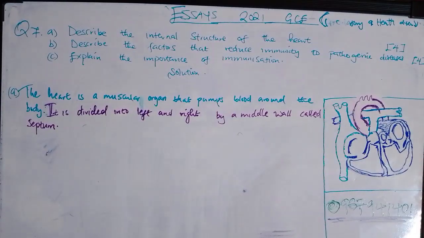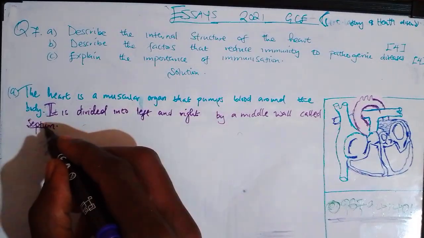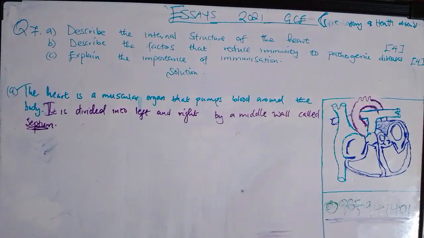These are the things which the examiners are looking for. So we have written our first thing. We are saying the heart is now divided into left and right by the mid-wall, which is known as the septum.